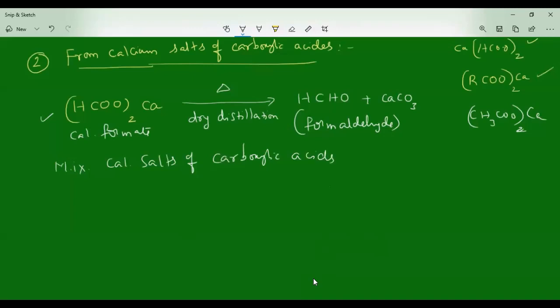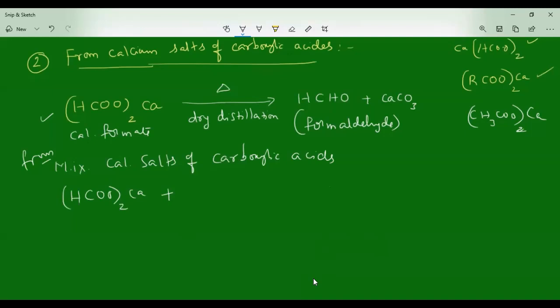If you take, what will happen? Suppose you have taken calcium formate like the first equation, you will get only formaldehyde. But what I am doing is taking a mixture of calcium salts of carboxylic acids.